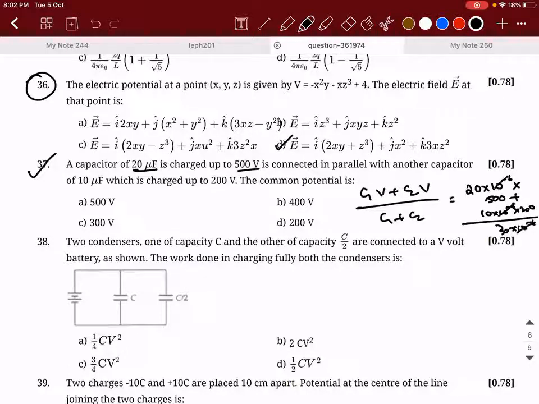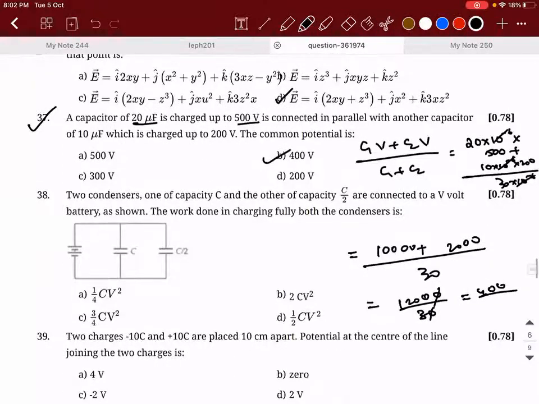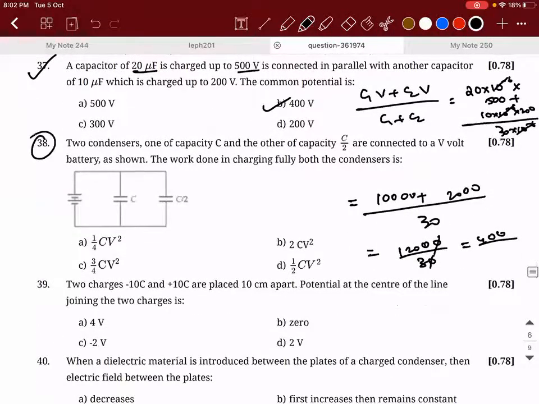So 10 power minus 6 will get cancelled throughout. 10,000 plus 400... 12,000 divided by 30 is 400. So 400. Correct.